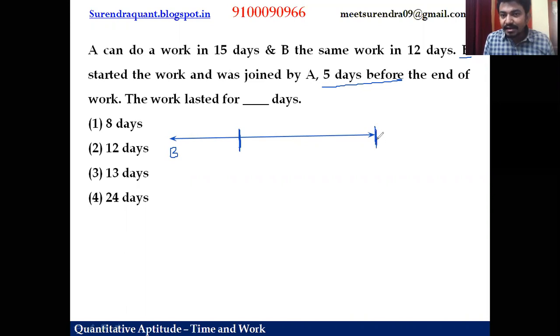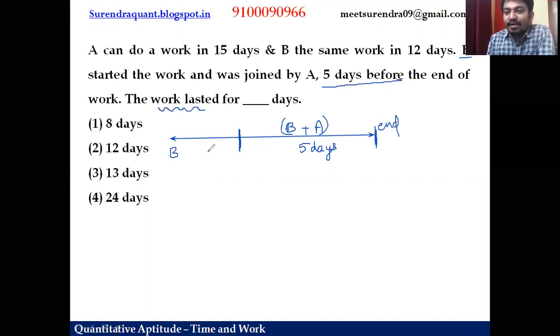So if this is the end of the work, from here 5 days before, A joined with B. If this is the situation, the total work lasted for how many days? Work lasted means total work, guys.